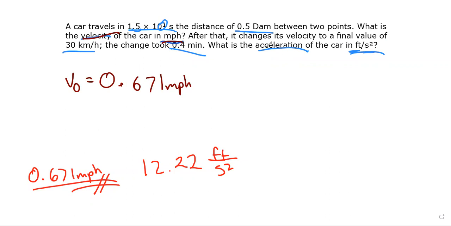And its acceleration in feet over square seconds. And this would be 12.22 feet over square seconds. Don't forget the square. If it doesn't have the square, it is velocity, not acceleration, and we need acceleration. So this would be the result.